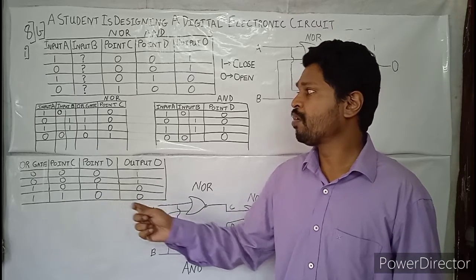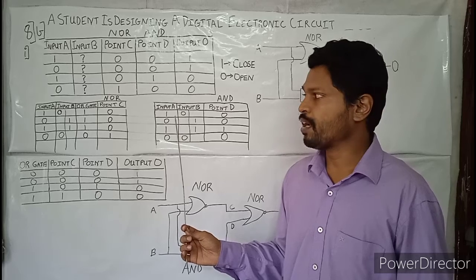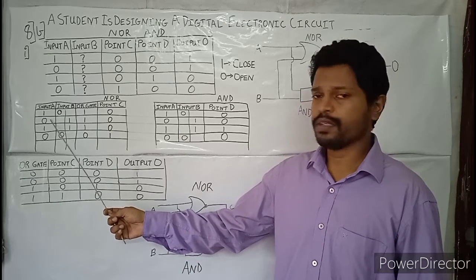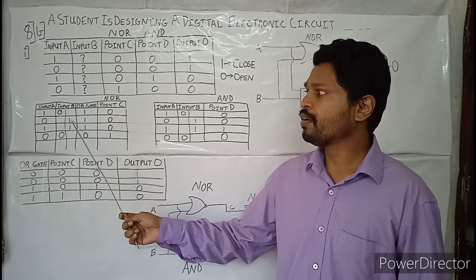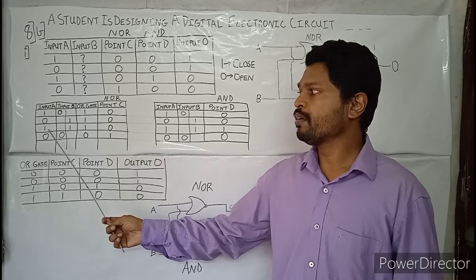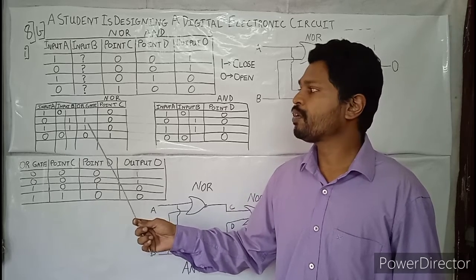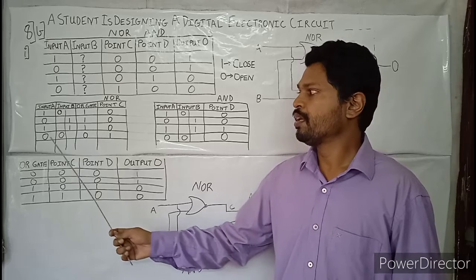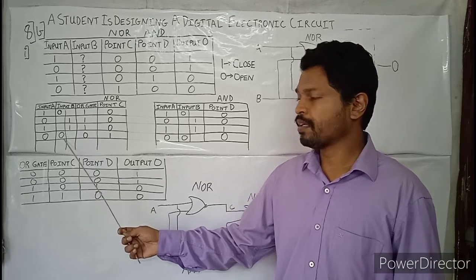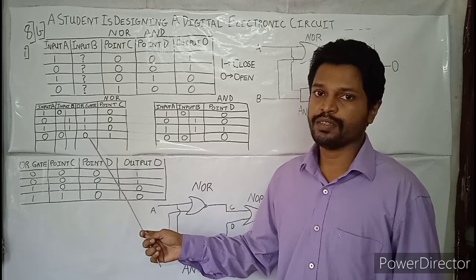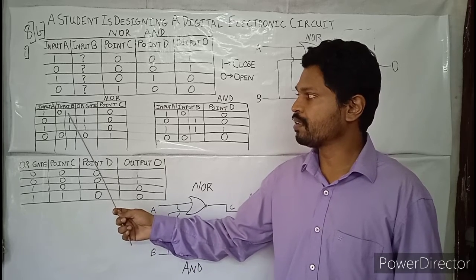Why we have taken 0, I'll explain when the AND gate comes. Now the second value is 0 over here. If you put 1 only, the answer will be 1. If you take 1 here and 1 here, then only the OR gate answer will become 1. If here it is 0 and here it is 0, then only the OR gate answer will match 0. That is why we have taken this.